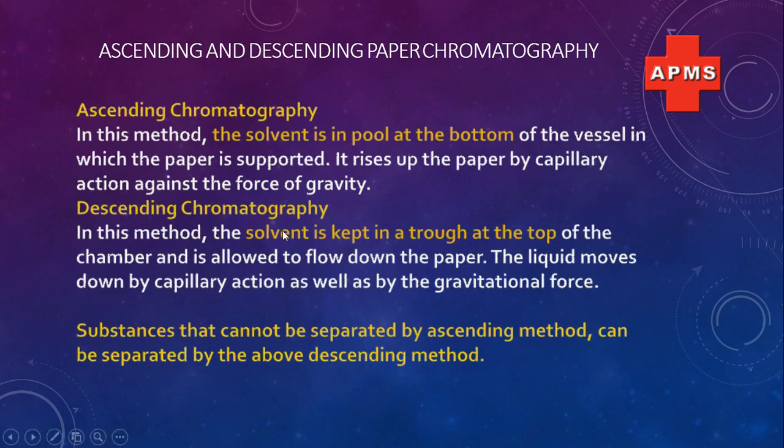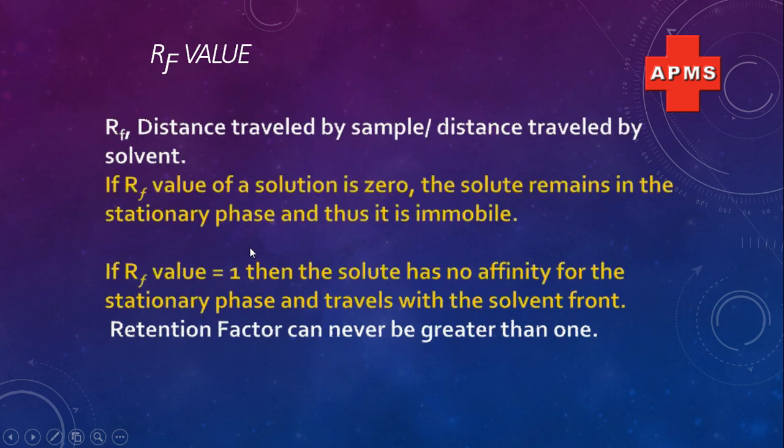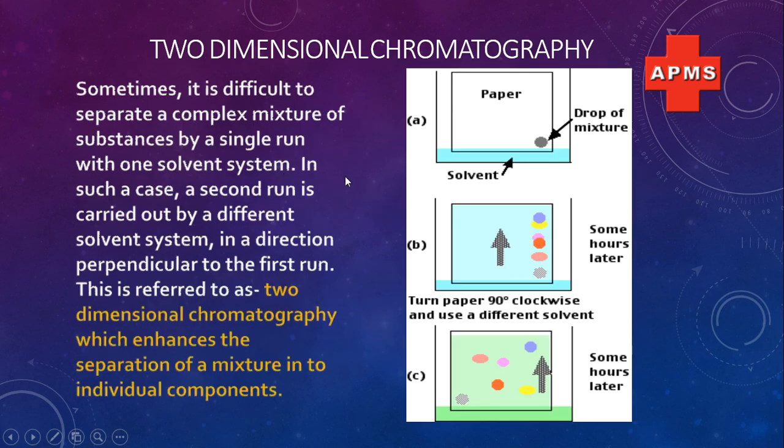Then we have seen two types of paper chromatography: ascending chromatography and descending chromatography, then Rf values, and now we see two-dimensional paper chromatography.